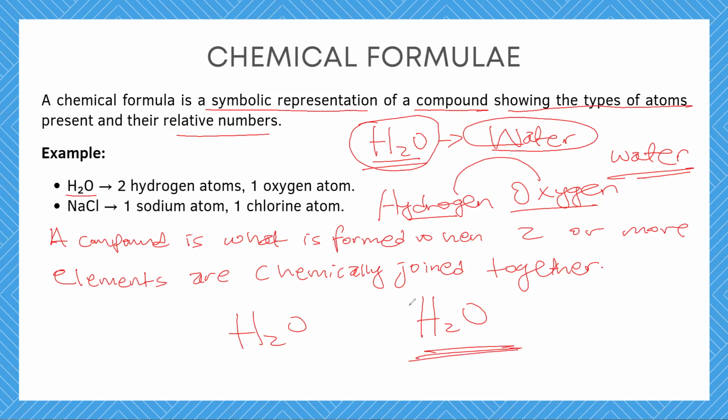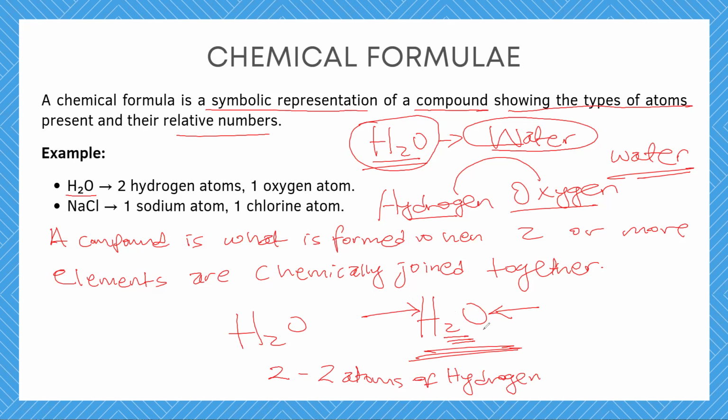It is showing us the atoms that are present, hydrogen and oxygen, and it is also showing us their relative numbers. You can see these two over here, right? That two is simply telling you that we have two atoms of hydrogen. Did you see that?